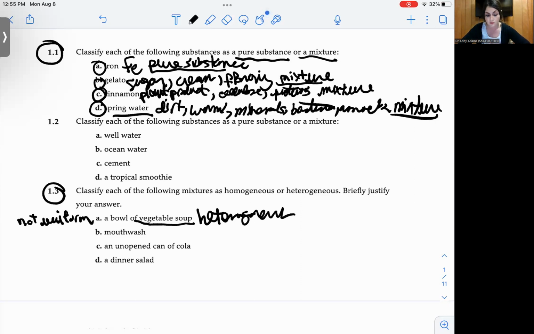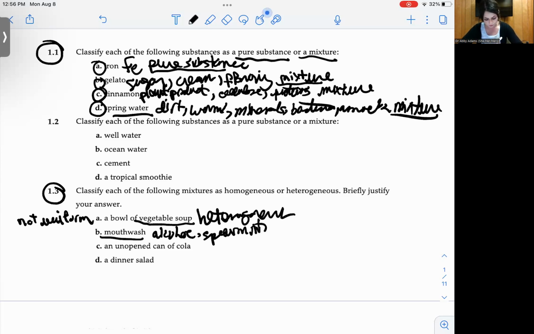Mouthwash, okay? Think about mouthwash. If you're just looking at it in a clear glass, it could be mistaken with that Gatorade example, right? But you wouldn't want to drink mouthwash, obviously. So what's in there? Alcohol, right? There's going to be some alcohol, your sterilizer, some, I don't know, some spearmint or probably some artificial flavorings.